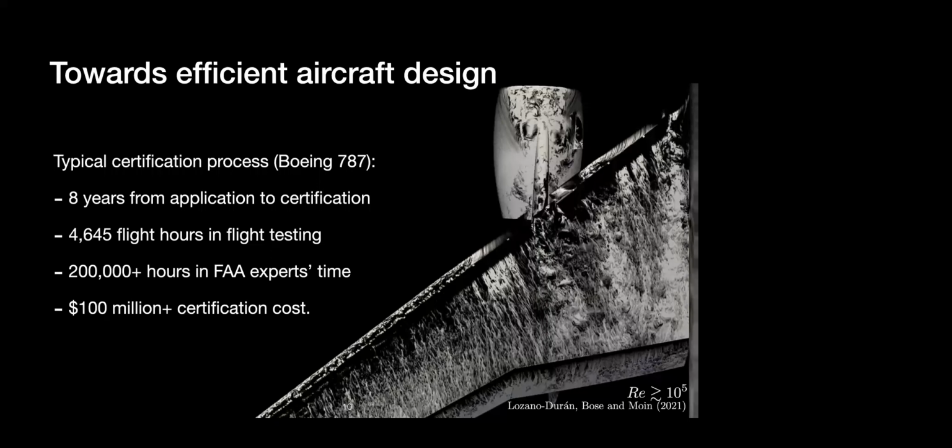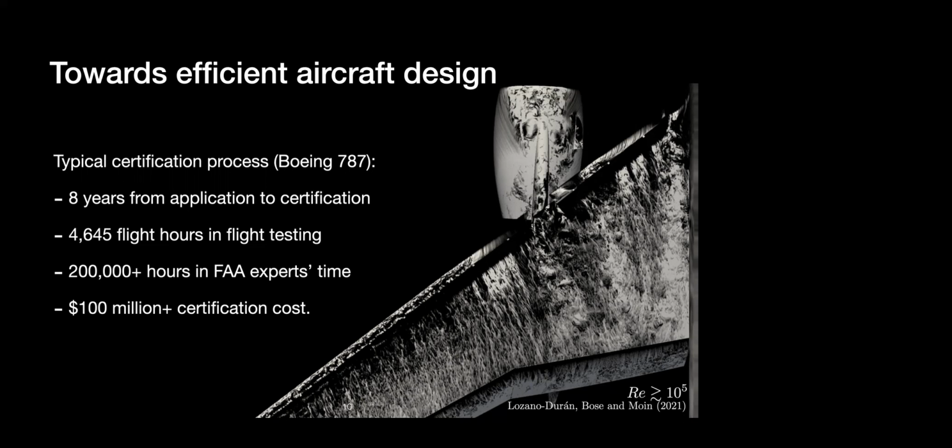When we have an aircraft, a lot of the time the aircraft needs to be certified, right? So it needs to be made sure that it's safe to fly. And for that, it takes a really long time to get through the certification process. For example, in the case of the Boeing 787, it took about 8 years from application to certification.